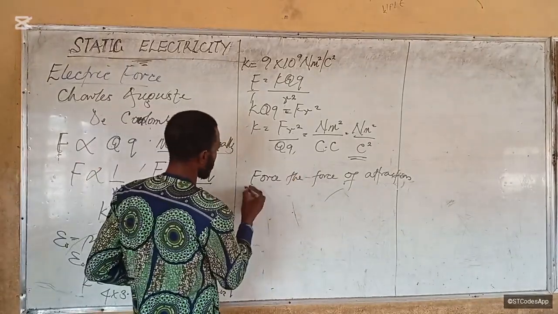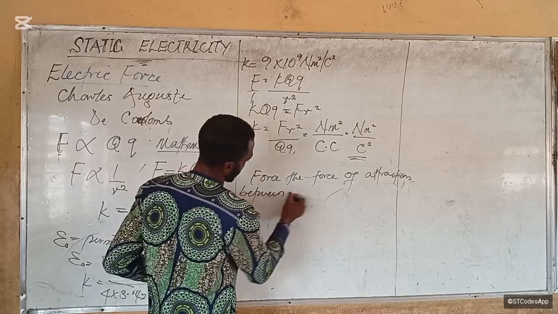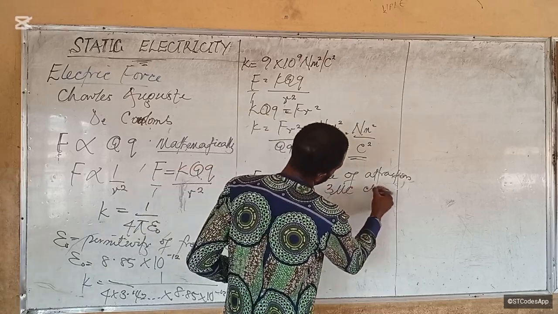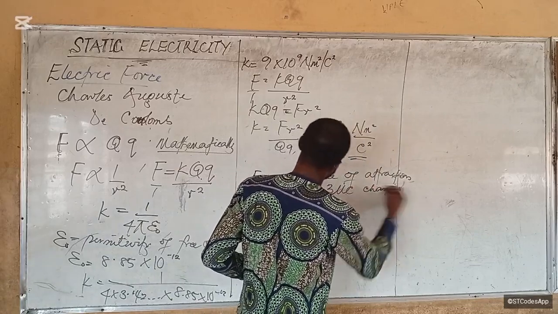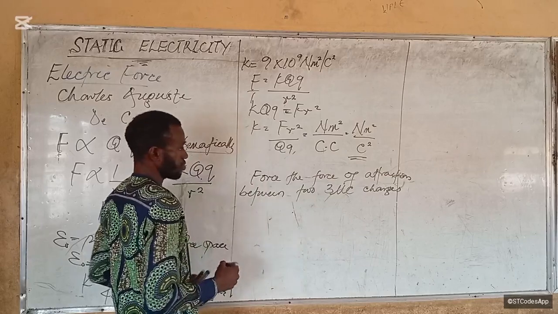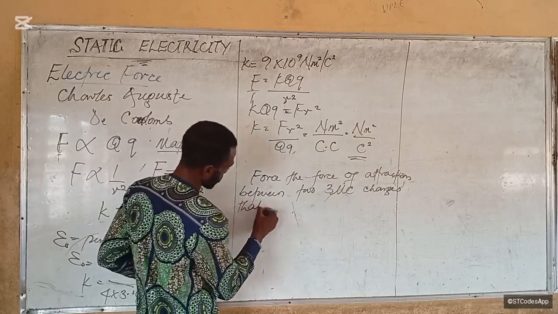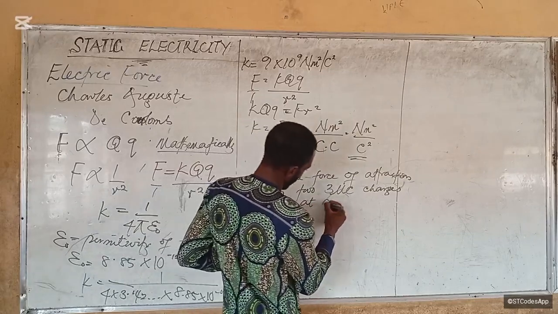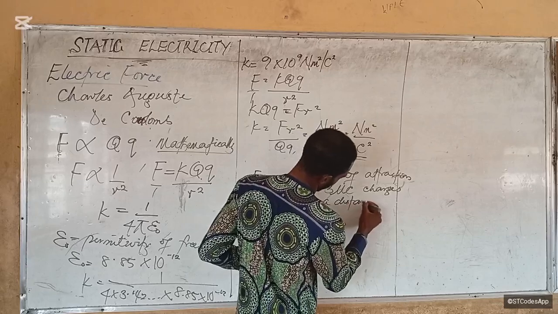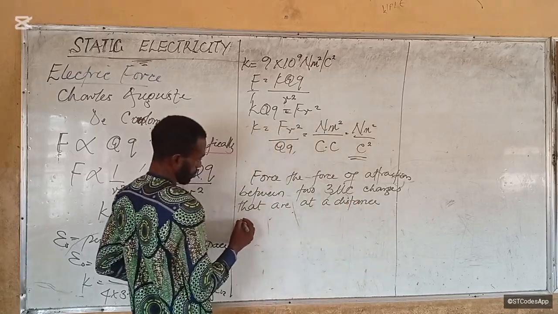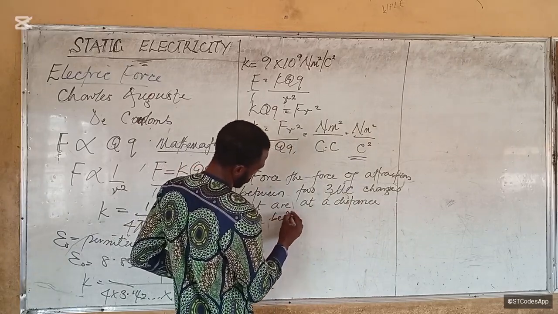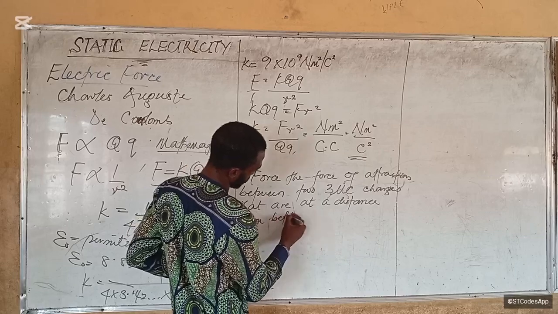So find the force of attraction between 3 microcoulomb charges that are placed at a distance of 9 centimeters between each other.